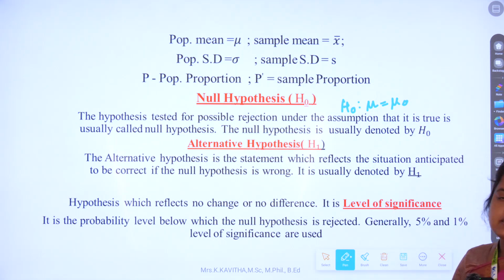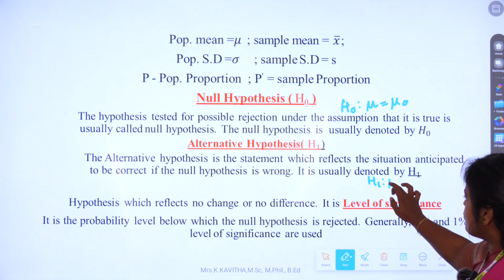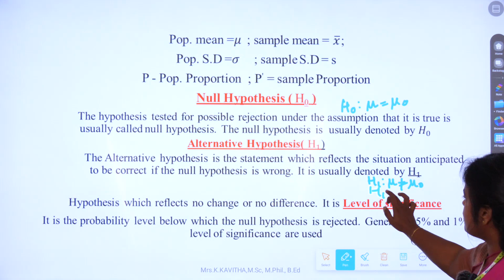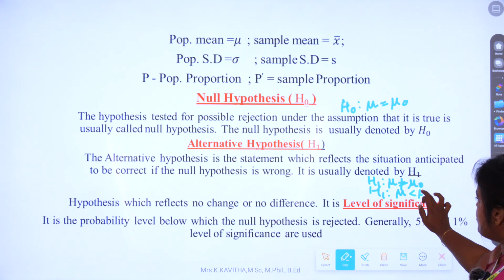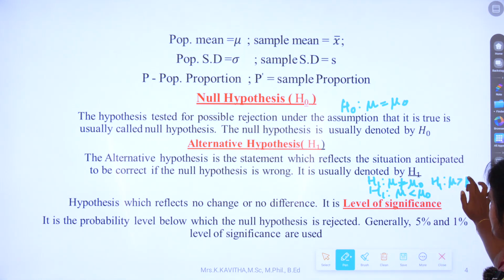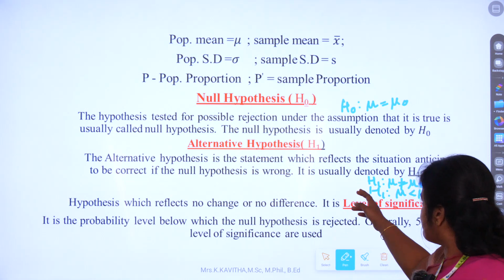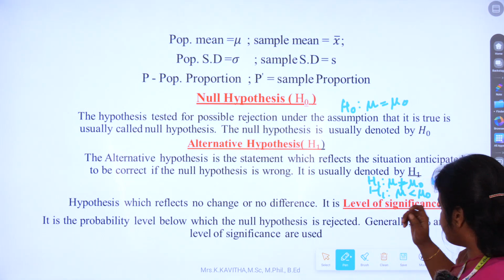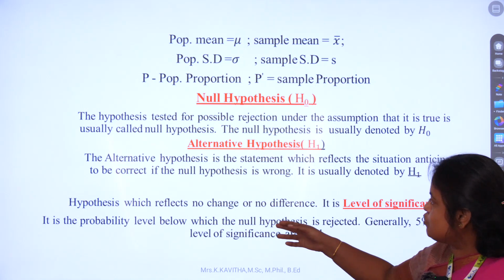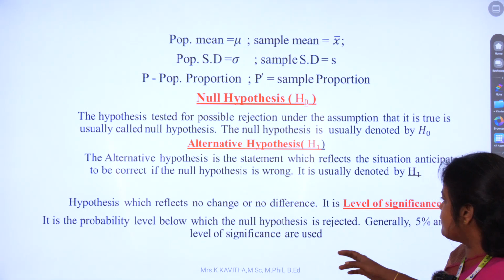And there are three cases in the alternative hypothesis: H1: mu not equal to mu naught, H1: mu less than mu naught, and H1: mu greater than mu naught. These are the three cases you will be applying for the alternative hypothesis. Next is the level of significance.